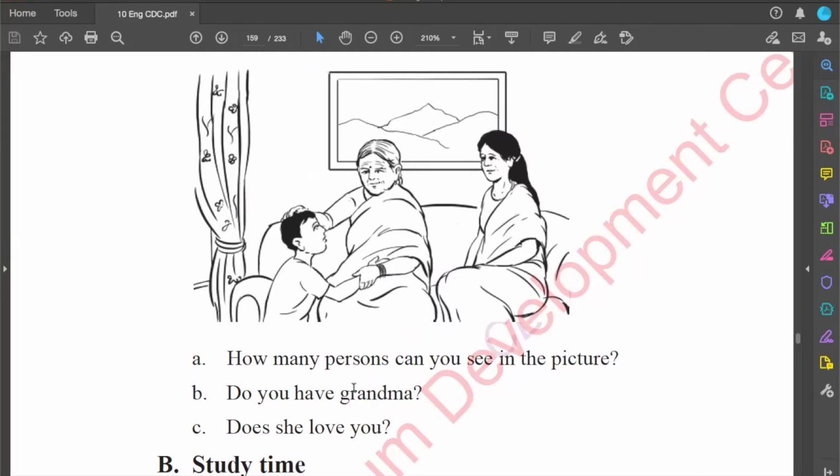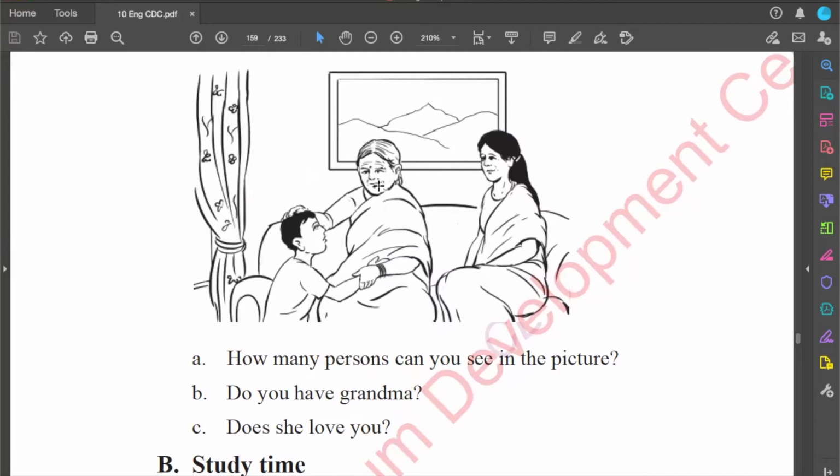So by these questions, we can guess something. How many persons can you see in the picture? Definitely you can count 1, 2, 3. We can see 3 persons in the picture.